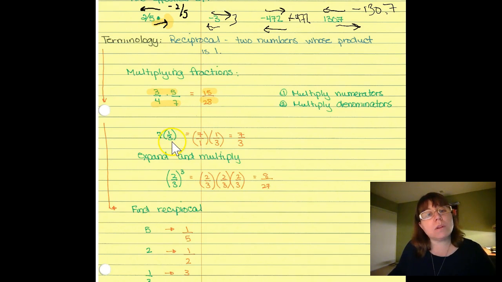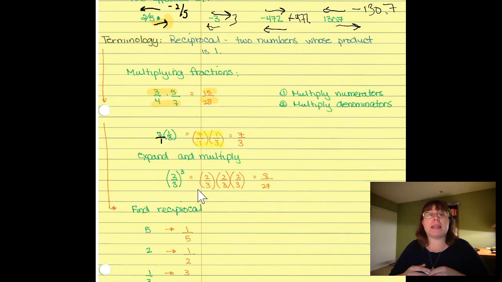What happens if it's a whole number? Well, for a whole number, I can rewrite it as the number over 1. Now I can go back and I can say, oh, I'm just going to multiply my numerators and multiply my denominators. So 7 times 1 is 7, and 1 times 3 is 3.